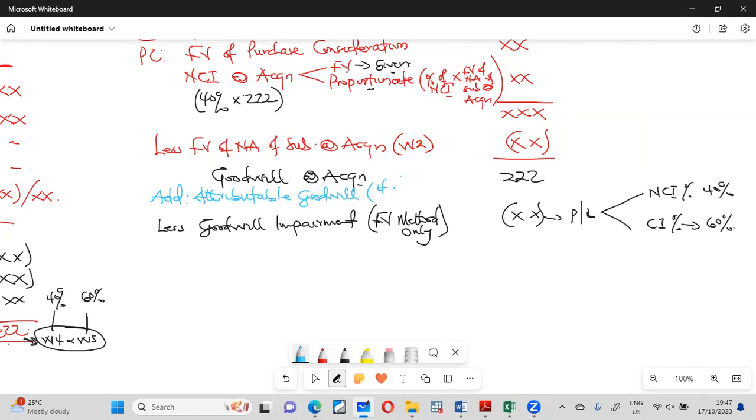So if there is any goodwill from the NCI, please add it here before you determine your impairment. In that case there will be, let's say, another ZZ here. Then you determine your impairment, all right, then you get your goodwill carried down, which will go to the SoFP.